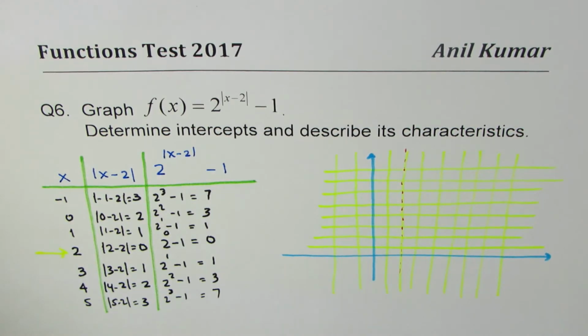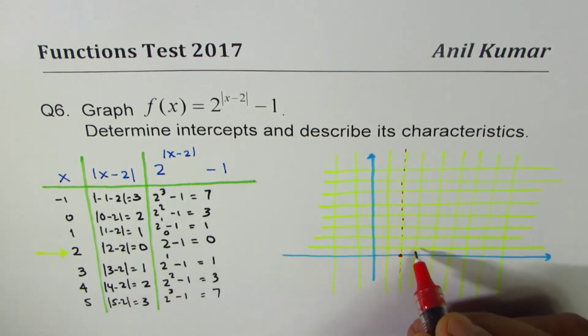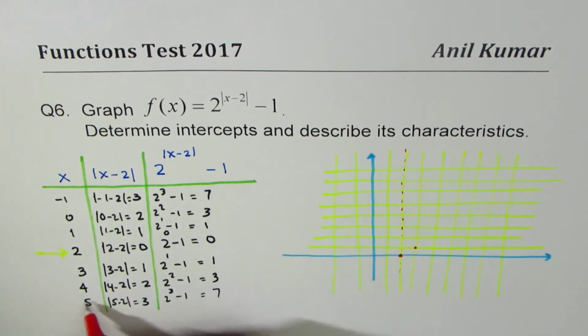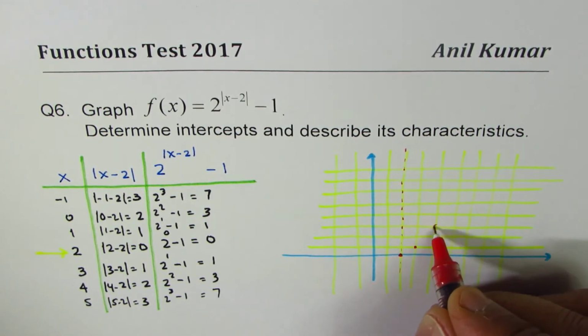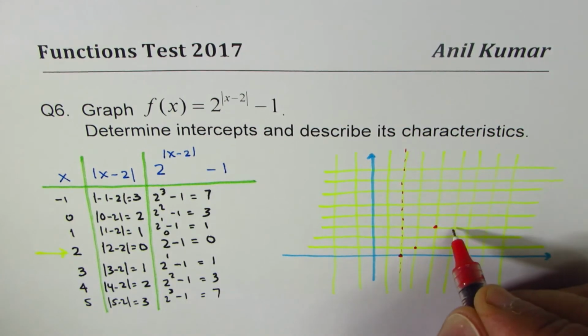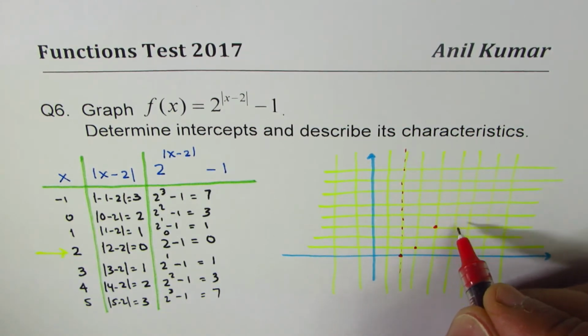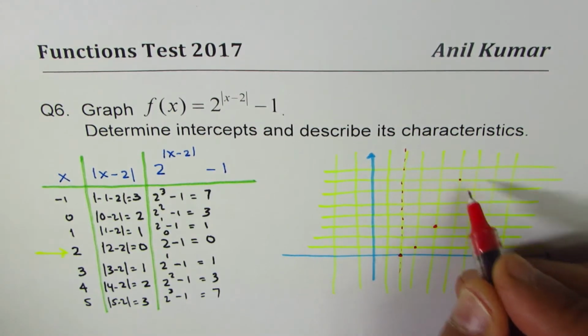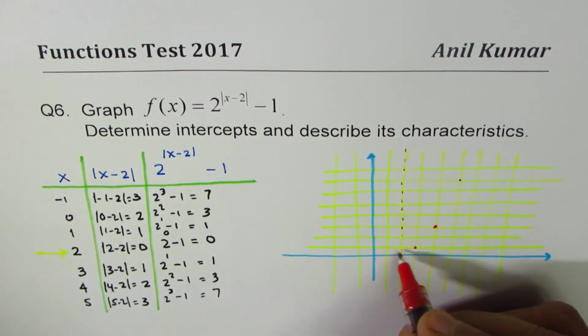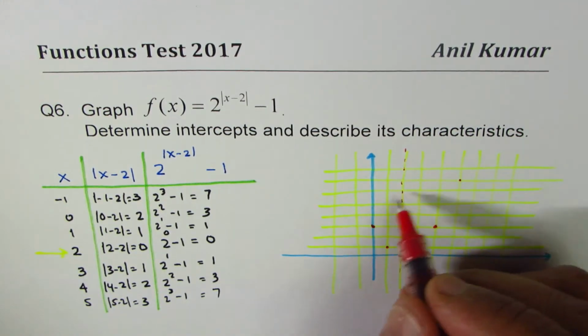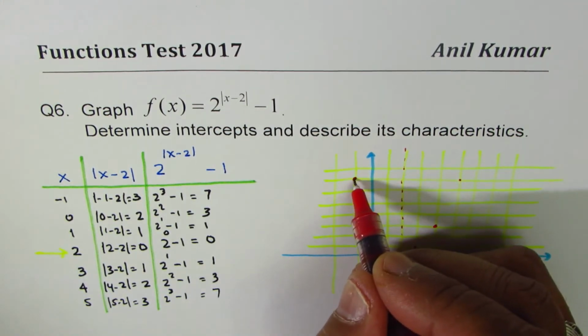The points here: at 2 the value is 0, at 3 it is 1, at 4 it is 3, so 1, 2, 3, and at 5 it is 7, so 3, 4, 5, 6, 7, right? So you see it's moving very fast upwards. And symmetric about this, so we can place these values right there, and at minus 1 it is 7.